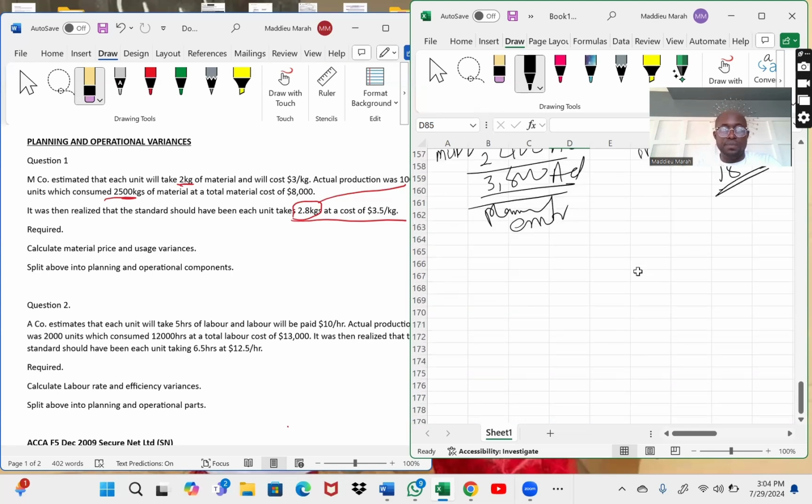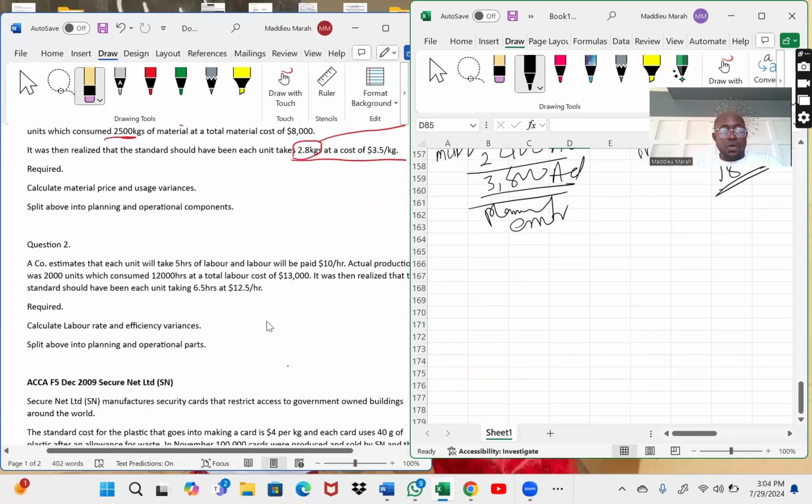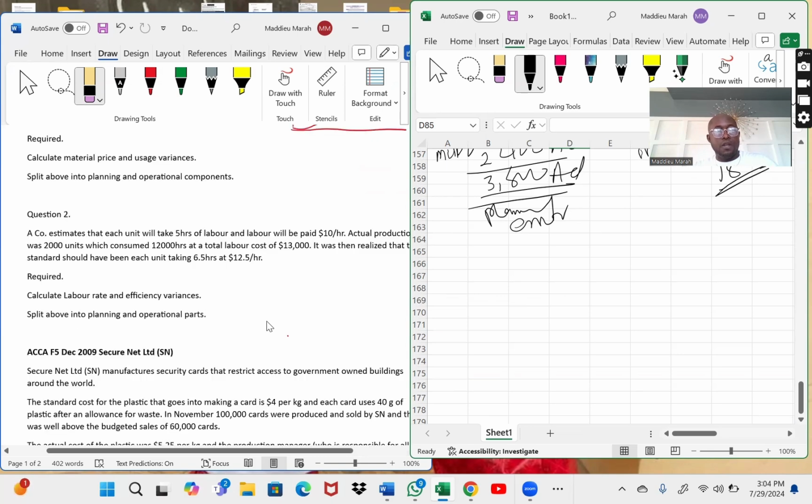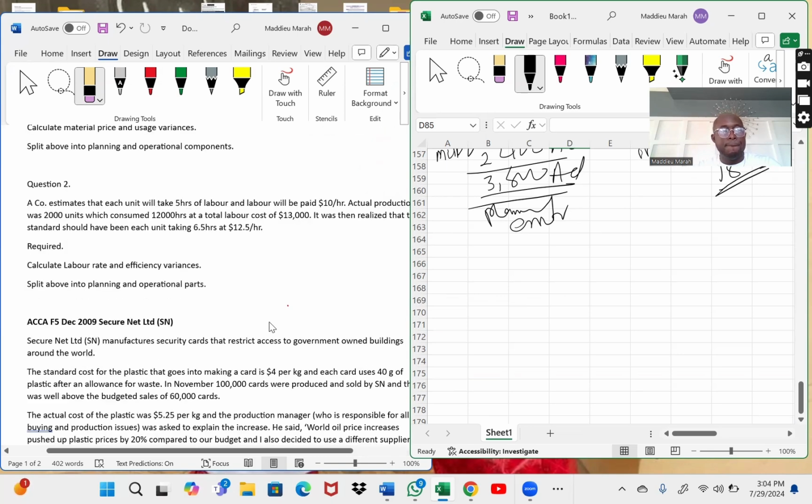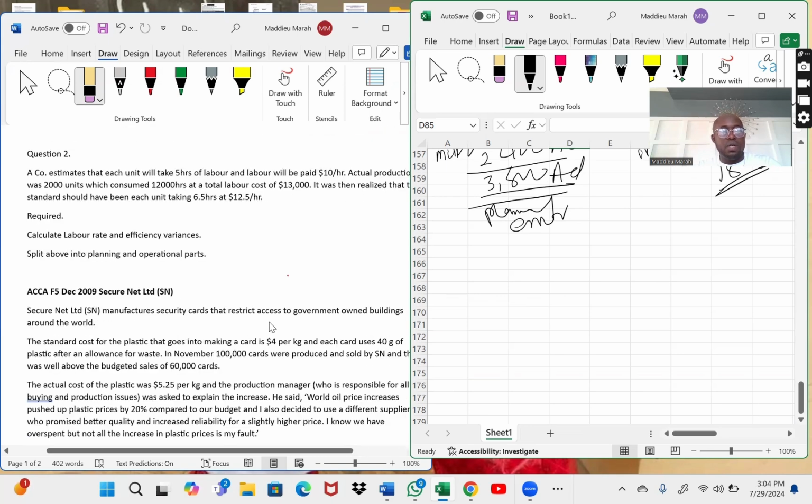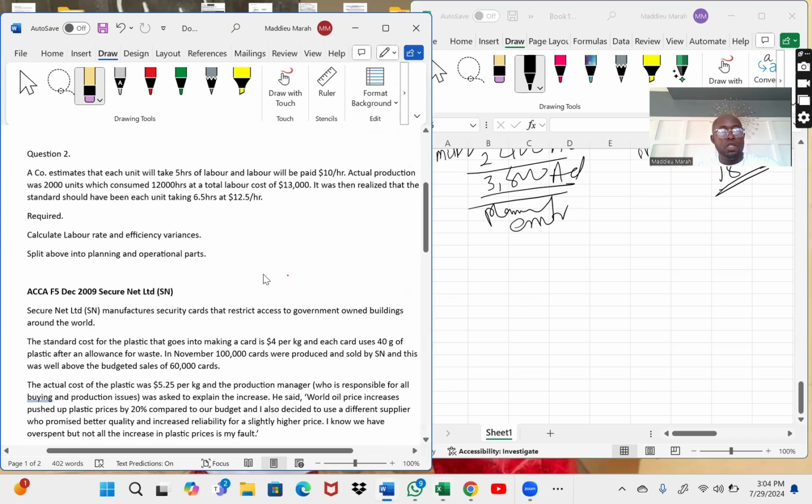Now we have another question, which is question 2. This is for labor. The first question was for material. Now this is for labor. A company estimates that each unit will take 5 hours of labor and labor will be paid $10 per hour.